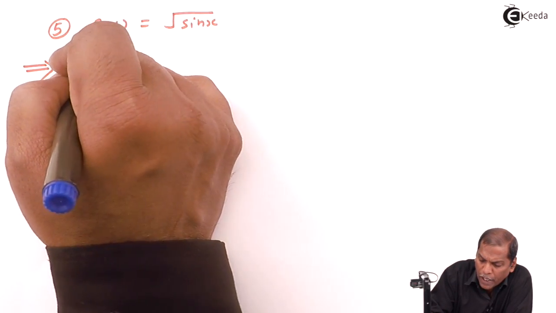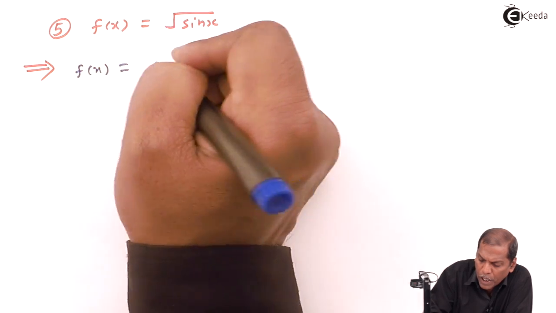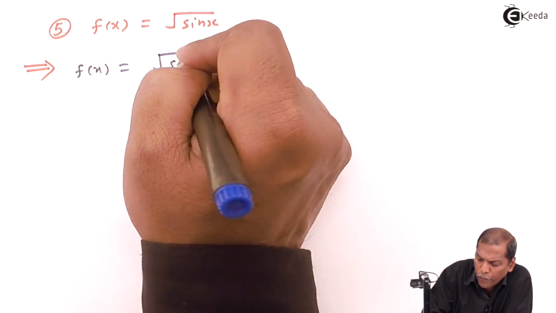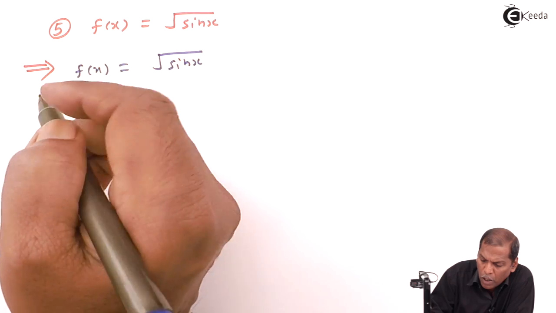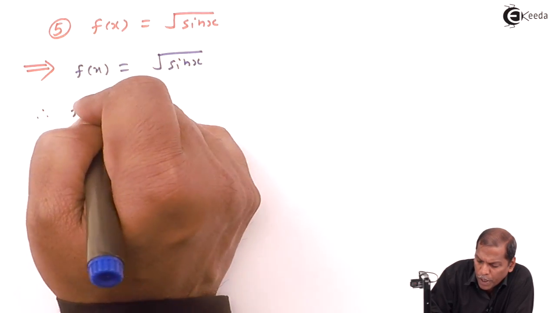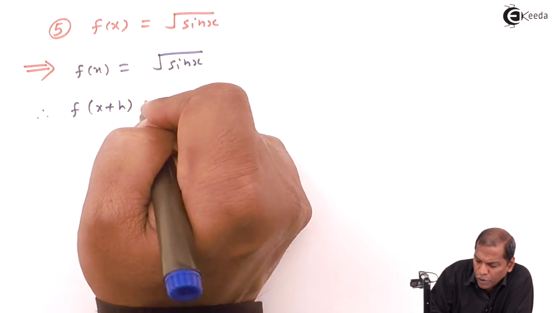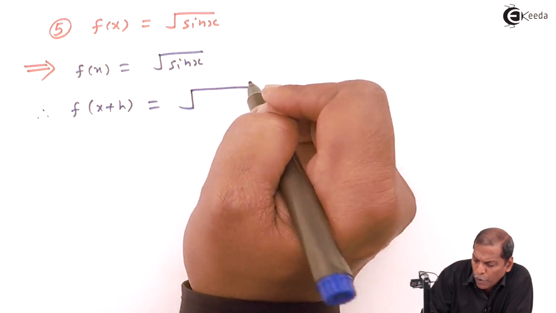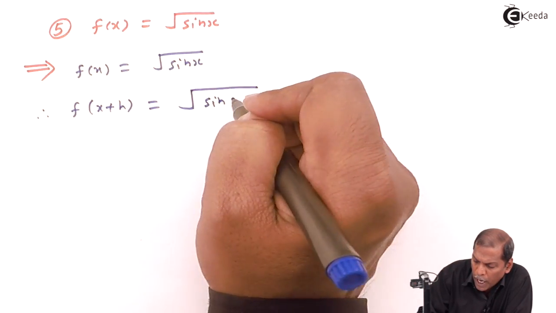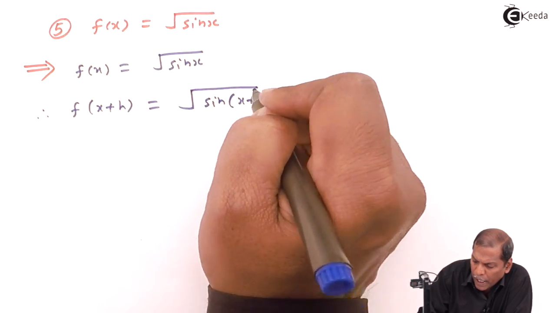First of all, we start with f(x) is equal to square root of sin x. Therefore, the next step is f(x plus h) equals square root of sin(x plus h).